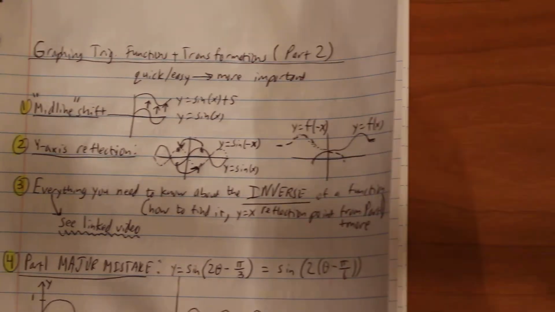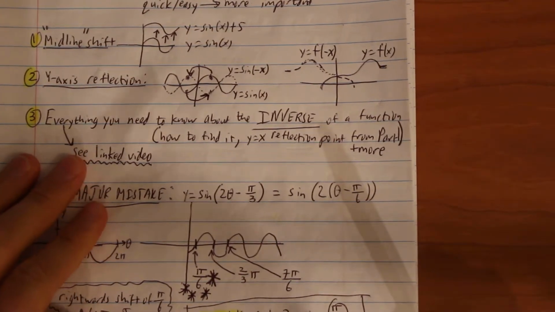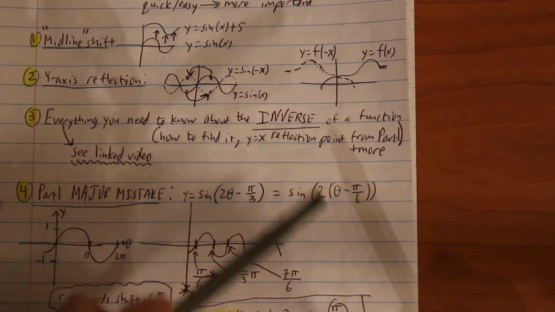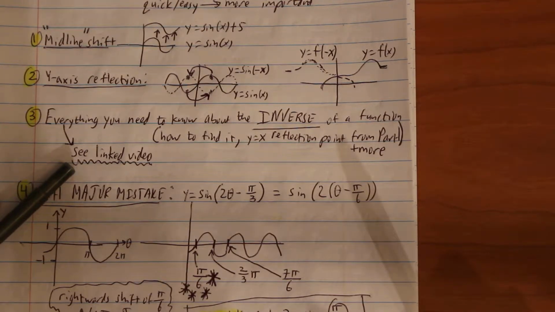Alright. Number 3. Everything you need to know about the inverse of a function is going to be in a linked video. In part 1, I briefly and fairly confusingly mentioned that we can reflect a function across the y equals x line to find its inverse.